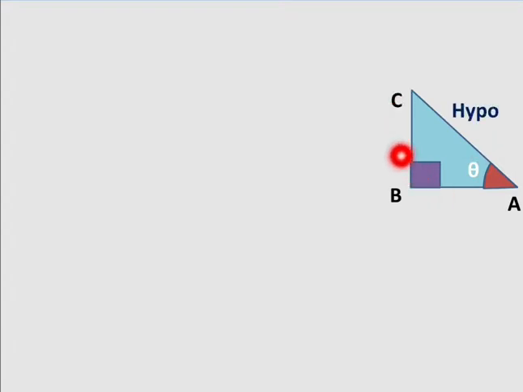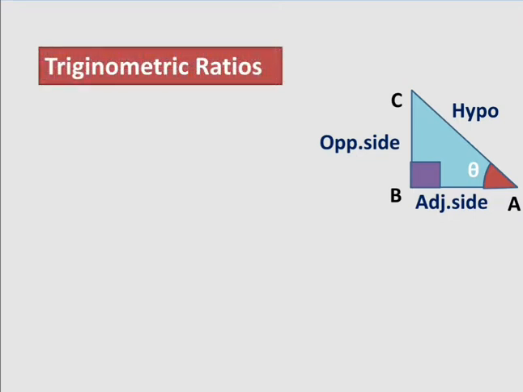The side which is opposite to the particular angle theta, or A, is called the opposite side. So here BC becomes the opposite side. The side which is adjacent to the angle theta, or A, is called the adjacent side. So here AB becomes the adjacent side. And recall the trigonometric ratios.